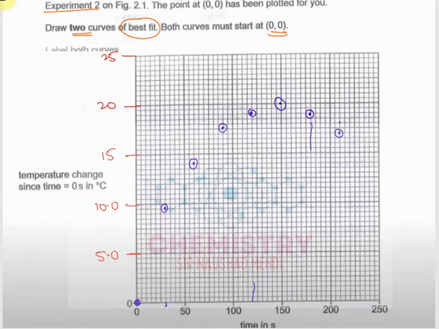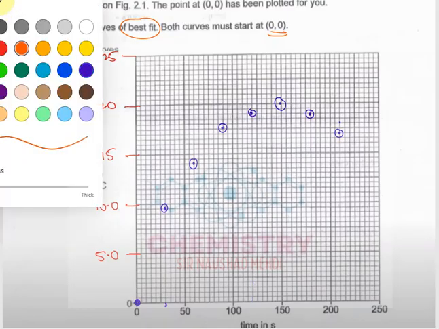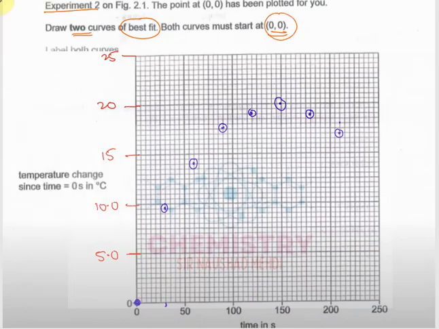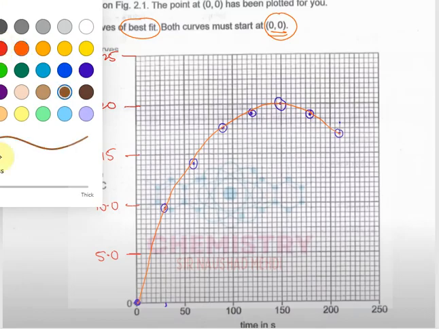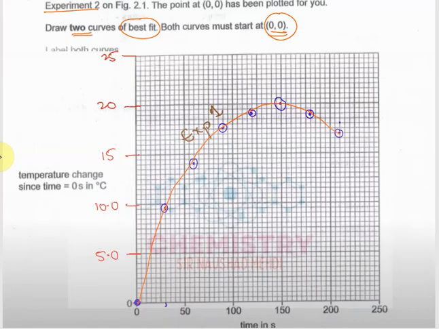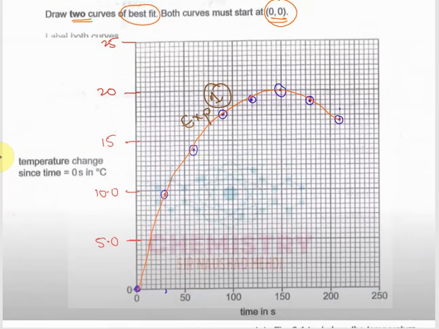Okay, so these are the points we have plotted for experiment number 1, and it says that we have to start from the 0, 0 curve and draw a best fit line for it. Okay, so start drawing the line. So this is for experiment number 1.